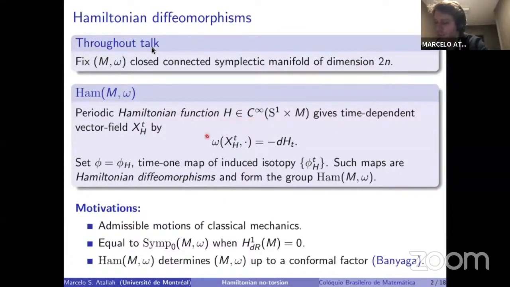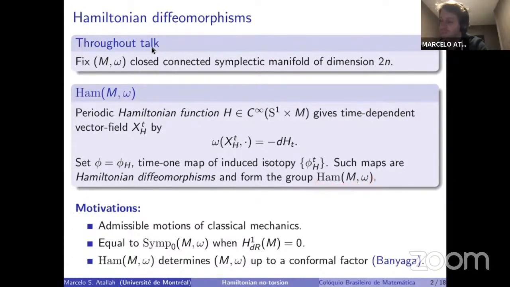And by means of Hamilton's equation, we obtain a time-dependent vector field. From this time-dependent vector field, we have an induced symplectic isotopy, and its time-one map is what we call a Hamiltonian diffeomorphism.